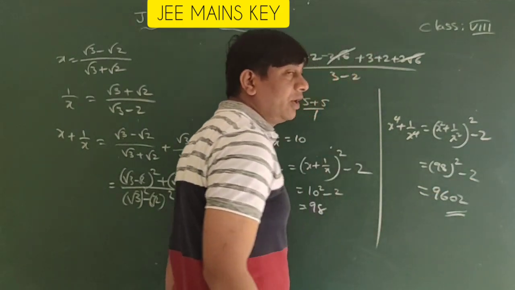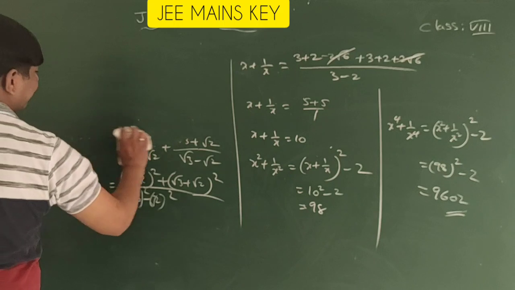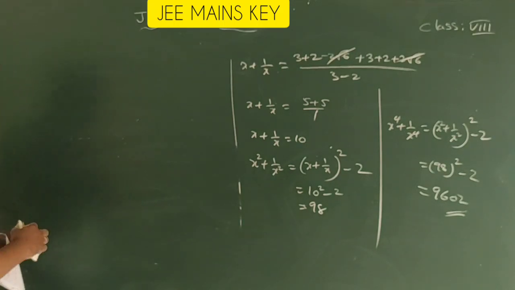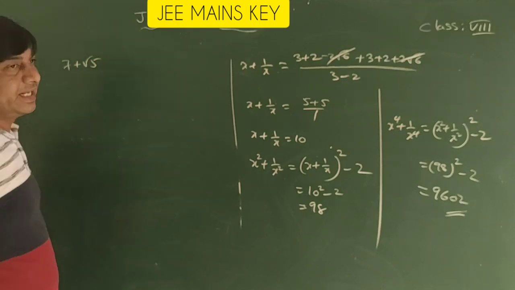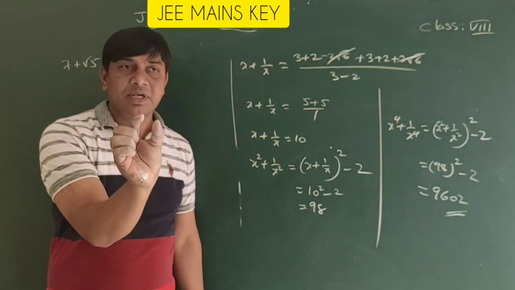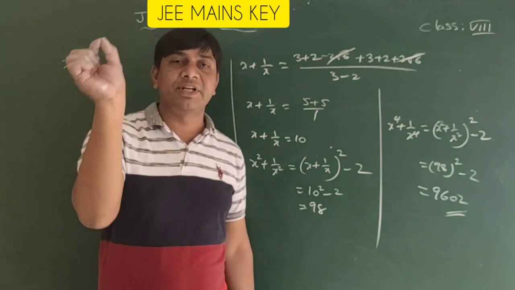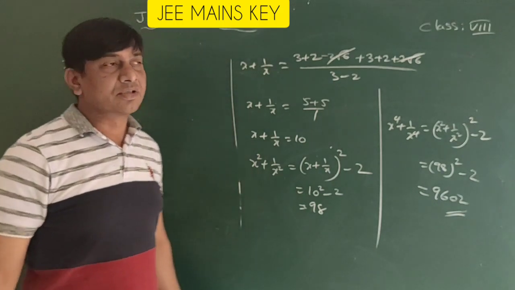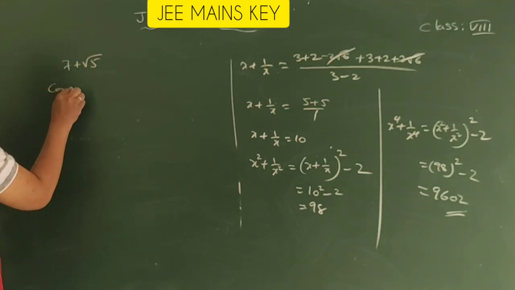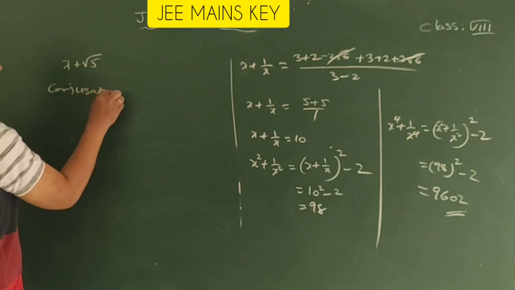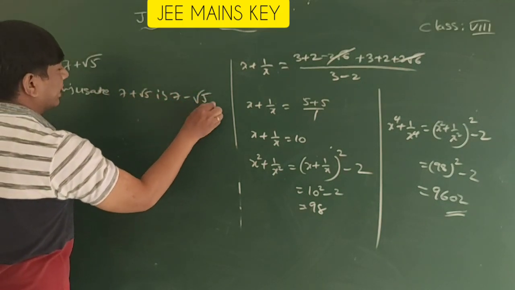And the last question is the conjugate of 7 plus root 5. Conjugate is nothing but the sum of the two surds is a rational number as well as the product of the two surds is also a rational number. So just for the surd, the irrational number, you change the sign, it is the conjugate. The conjugate of 7 plus root 5 is 7 minus root 5.